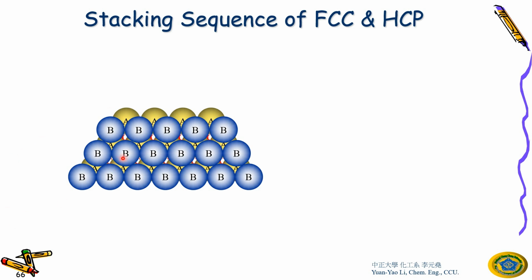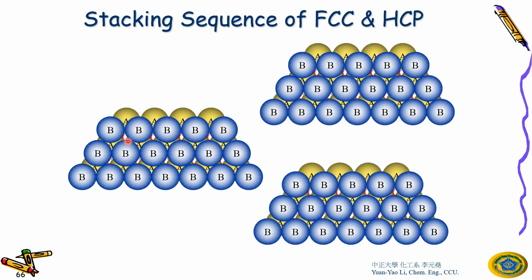If you put the B atoms in the second layer, now you have two choices. Choice 1 is to put the atoms in the A position in the third layer. Choice 2 is to put atoms in the C position in layer 3.